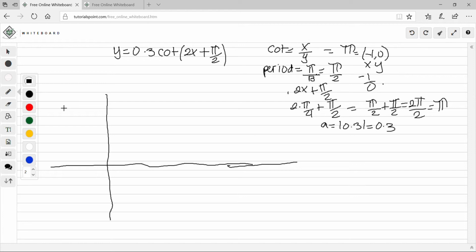Okay, so over here we have pi fourths, because that's how it makes it undefined. And wherever there's a pi fourths, our next value would be 3 pi fourths. So do the vertical asymptote thing.